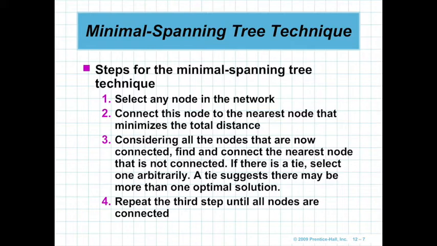Third, considering all the nodes that are now connected, find and connect the nearest node that is not connected. If there is a tie, select one arbitrarily. A tie suggests there may be more than one optimal solution. Fourth, repeat the third step until all nodes are connected.